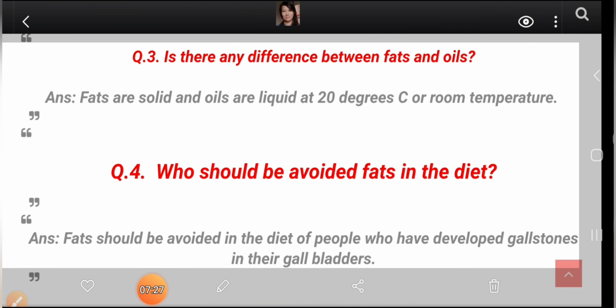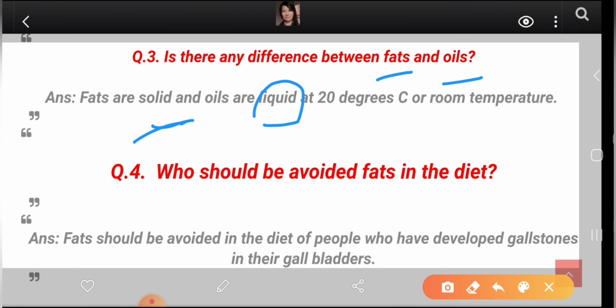Now tell me, what is the difference between fats and oils? Fats are solid and oils are liquid. That is the main difference, at 20 degrees Celsius, or room temperature.